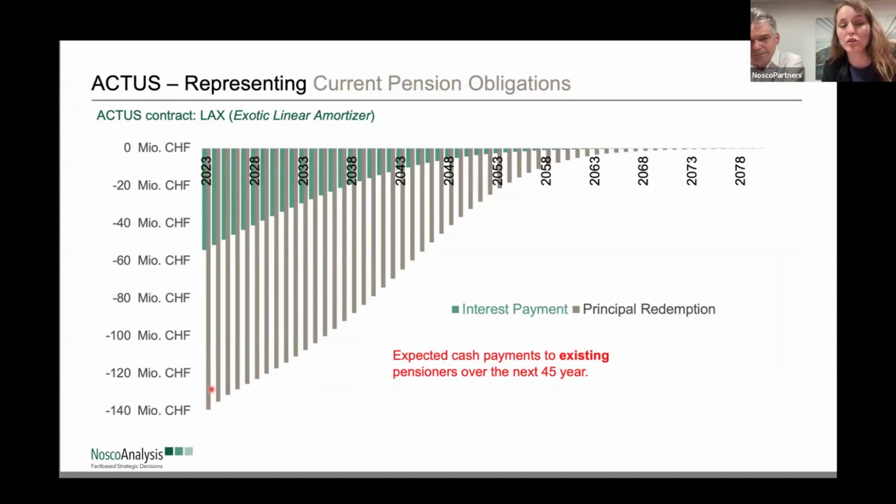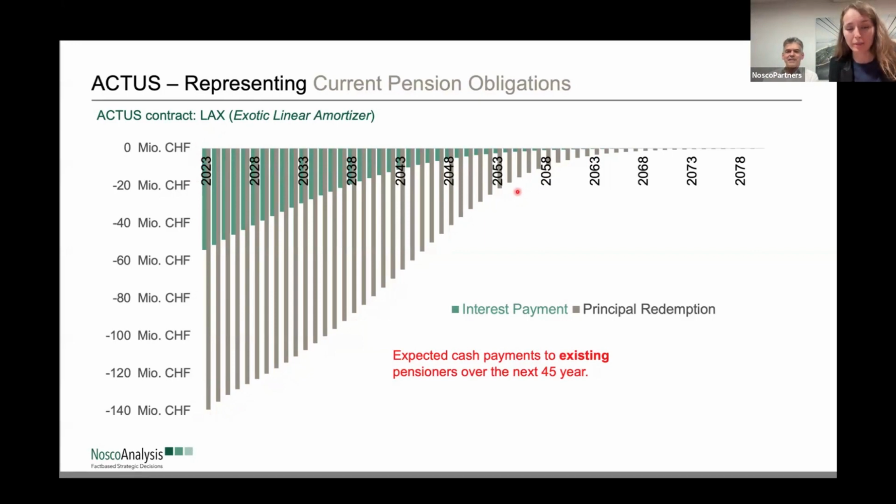This is information that the pension fund's actuary has at disposal. We just take this contract and can implement these cash flows. So these are the cash payments to existing pensioners over the next 45 years, and we can see they reduce over time as the people are slowly passing away.